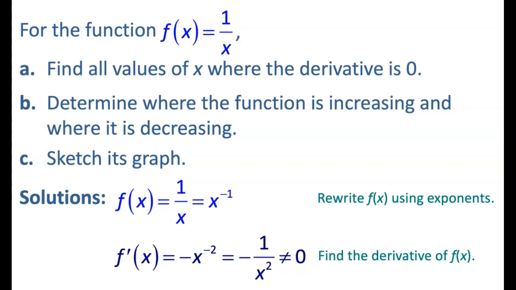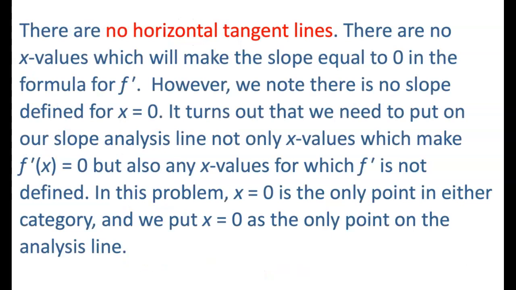Now remember, we're trying to set f prime equal to 0 to figure out where the function f of x has horizontal tangent lines. But opposite 1 over x squared is never going to be equal to 0. So there are no horizontal tangent lines. There are no x values which will make the slope equal to 0 in the formula for f prime.